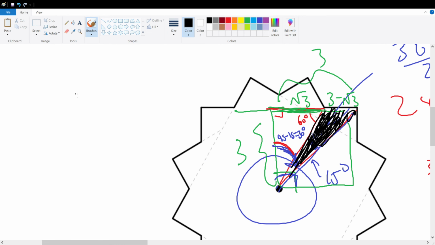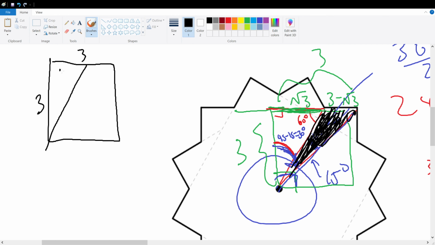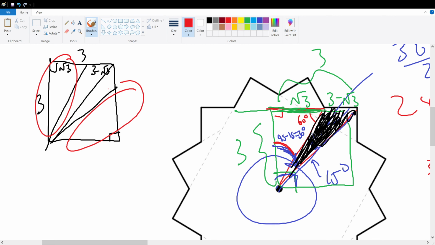Well, we know that this mini box has side length of 3, and we are given that this is square root of 3, that's 3 minus square root of 3, and we have triangles like that. This one over here is symmetrical, so this triangle right here and this triangle right here are the same. So we could just figure out the area of this triangle, and then we would know the area of this triangle that we're trying to find.